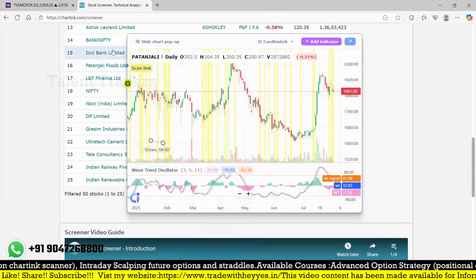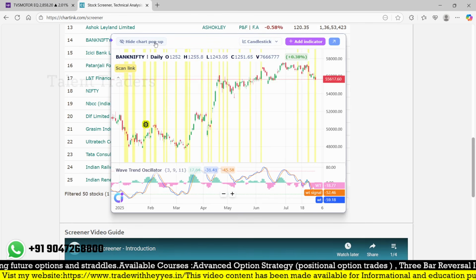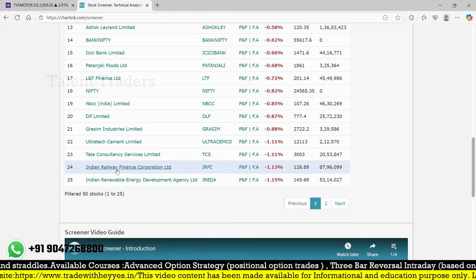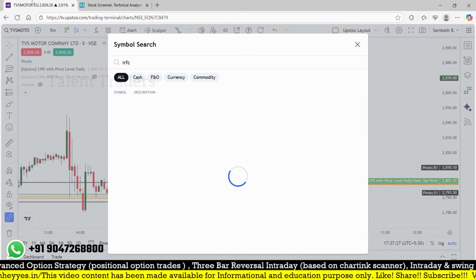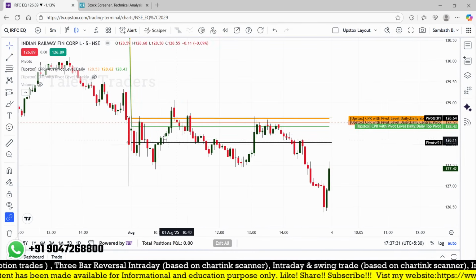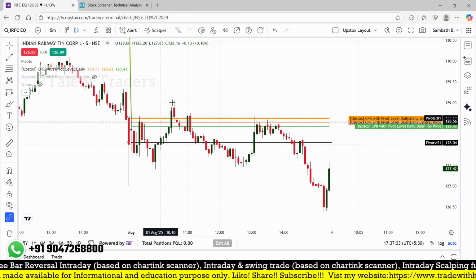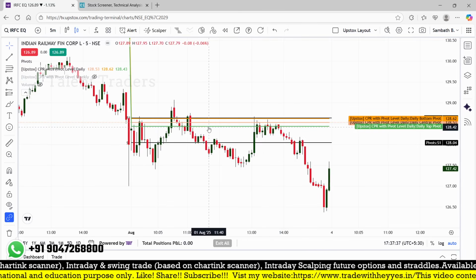Let me check IRFC. What's happening here in IRFC? Here some range bound movement is happening, which went higher and went lower and tested the level, but it isn't exactly inside.